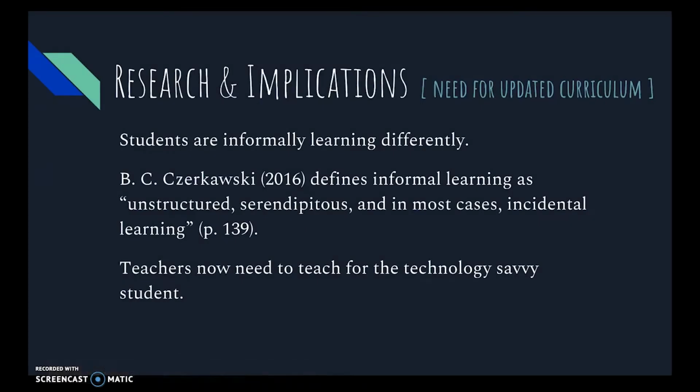Students are informally learning much differently than previously. Informal learning is defined by B.Z. Sarkowski as unstructured, serendipitous, and in most cases, incidental learning. Students are learning so many new concepts while scrolling through their social media feeds compared to the students of 30 years ago.